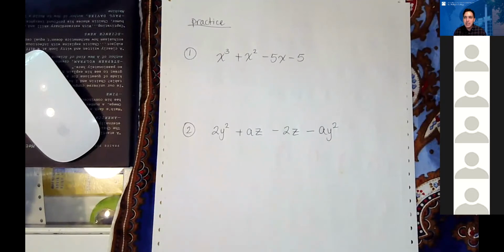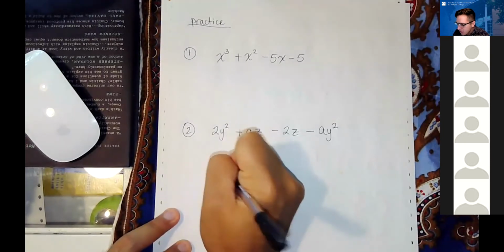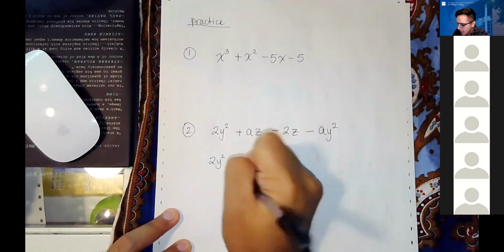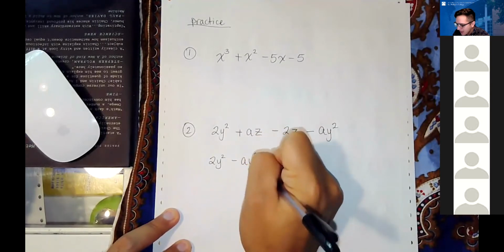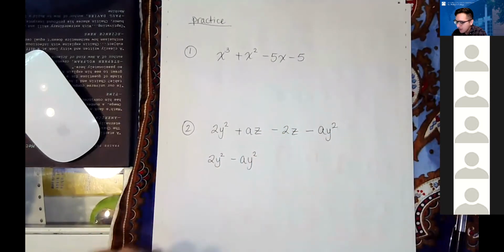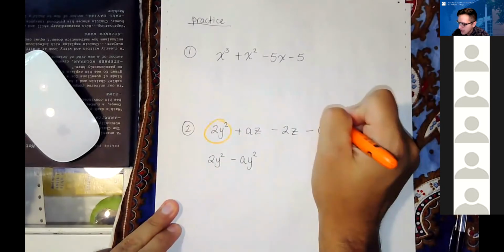You may have to rearrange the polynomial a bit so that you can group together two terms that have something in common. So that was the trick there. And I'm glad you brought that up. Very good question. What I would do is rewrite this as 2y squared minus ay squared, taking care of the first two, the outer terms here.